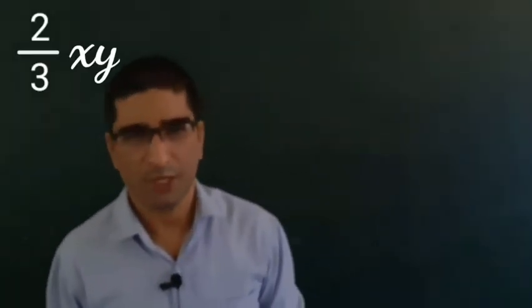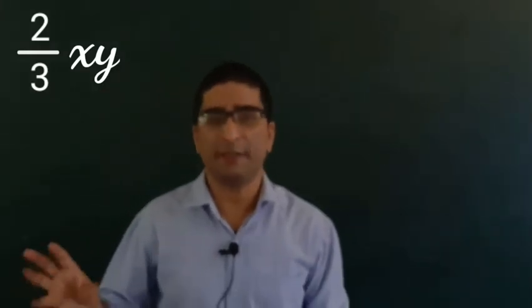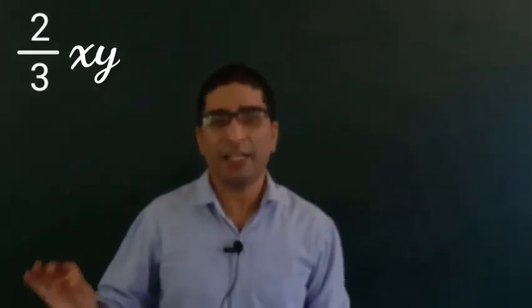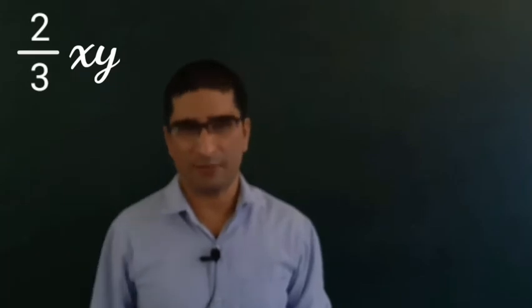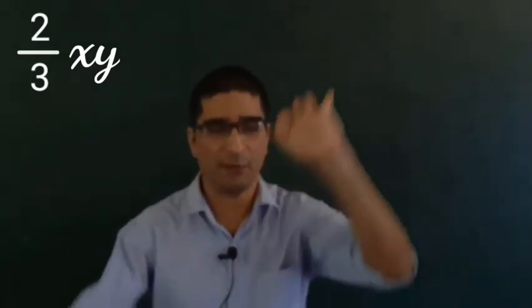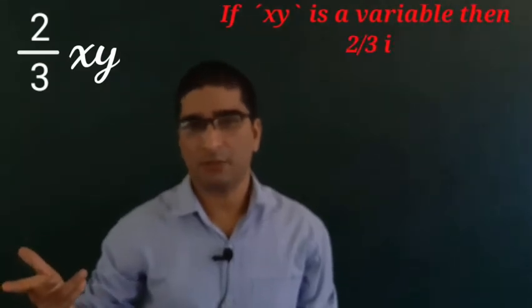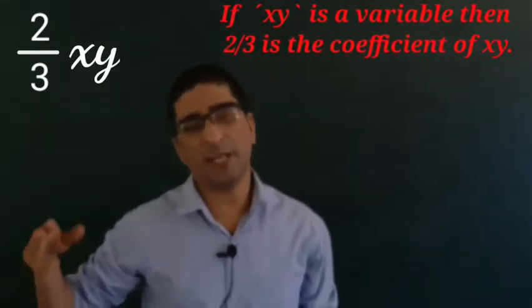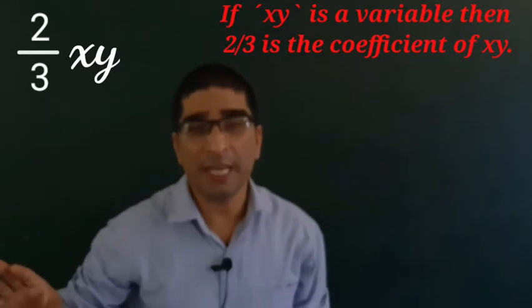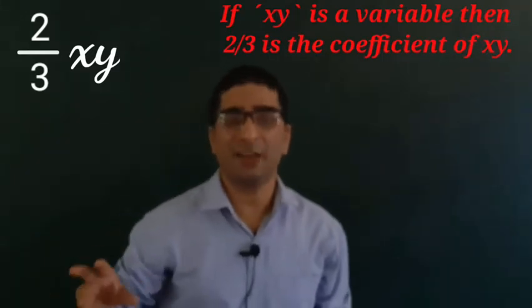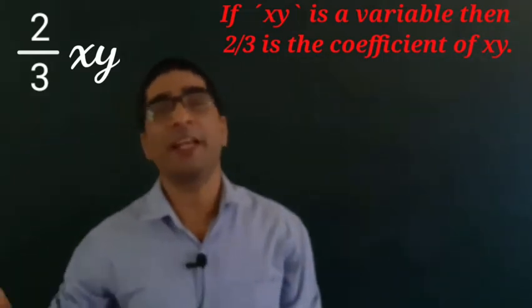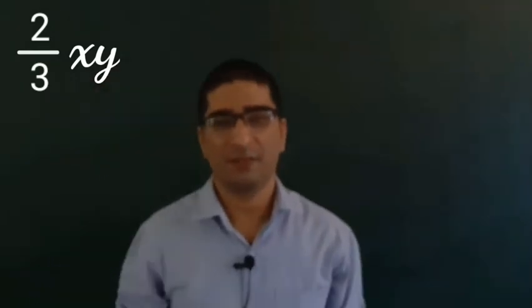Another example. Suppose I have written an expression 2 by 3 xy. Here we have 2 by 3 as numeral and xy as literal terms. Now, observe carefully. If x, y both are the variables together, then 2 by 3 is the coefficient of the variable xy.